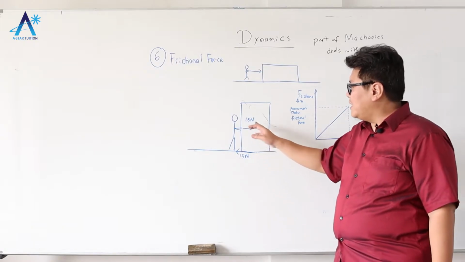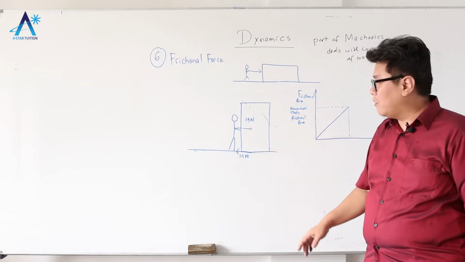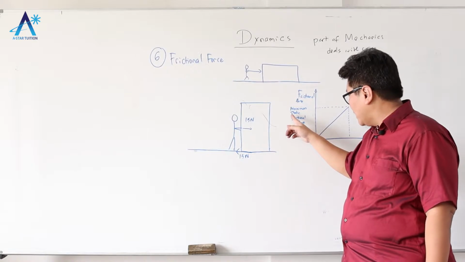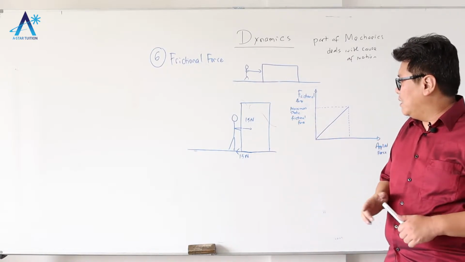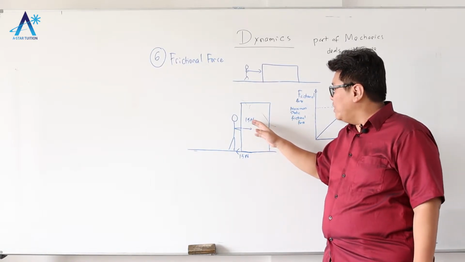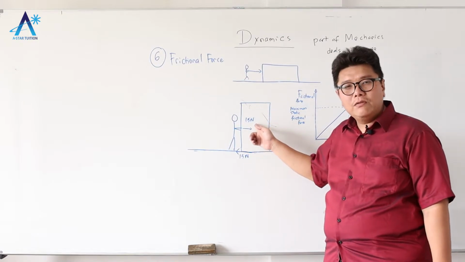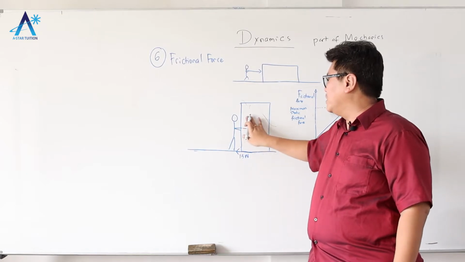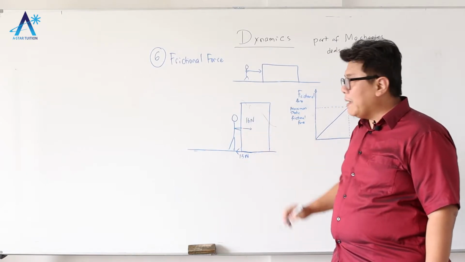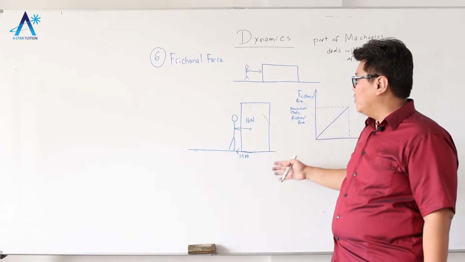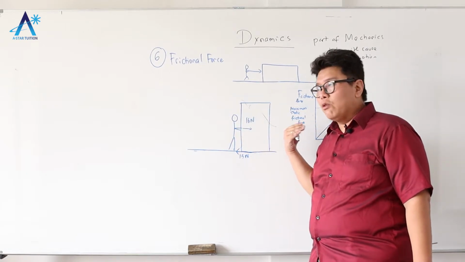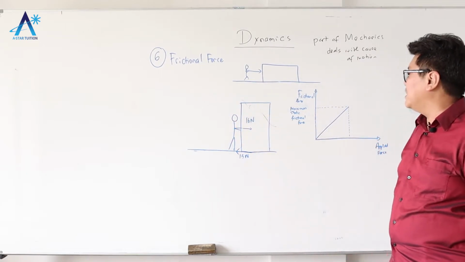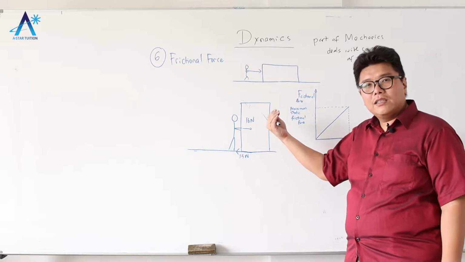Now, when it reaches its maximum value for the static frictional force, if we were to increase the force to a higher value, let's say now we increase to 16, the object will start to move. Now when the object starts to move, that means that it's no longer in static state.